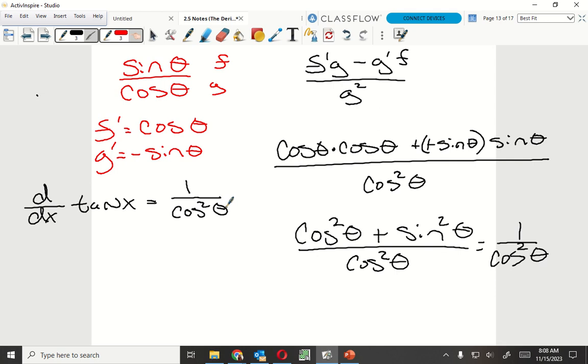Now, got to go way back. 1 over cosine is a reciprocal identity.